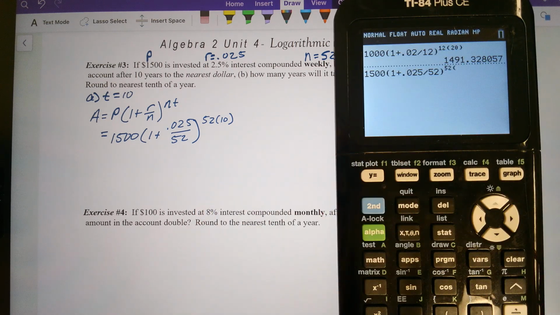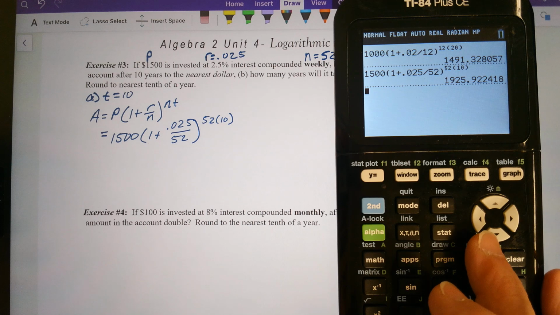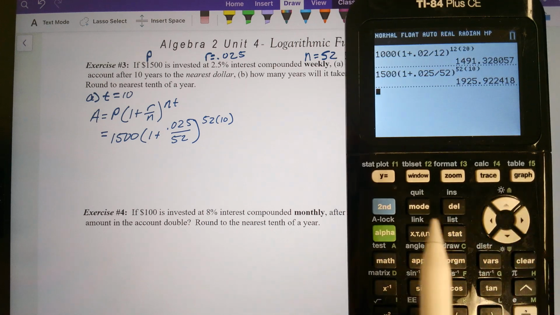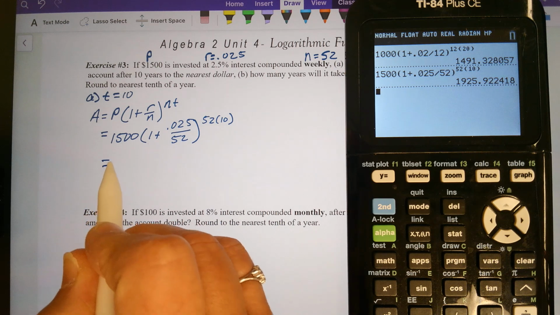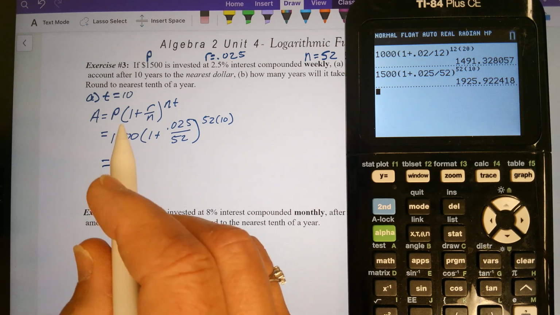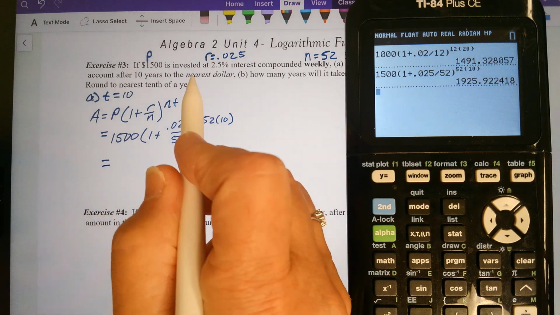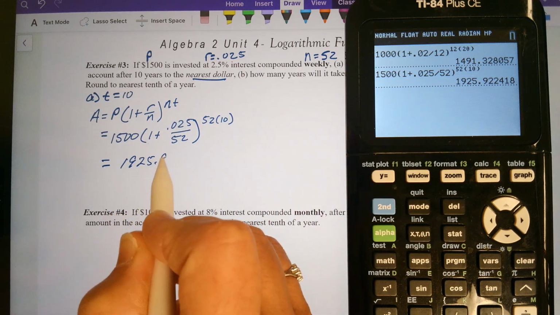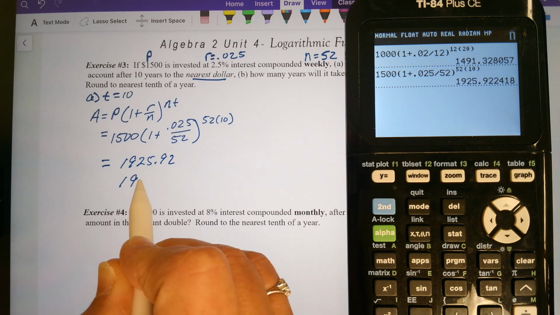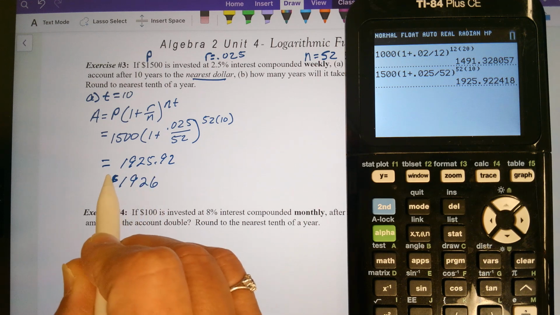And please, as you're working through these, you're also putting the values into the calculator like I am. You're not just watching me do that on the video. So nearest dollar, that's going to be $1,926.